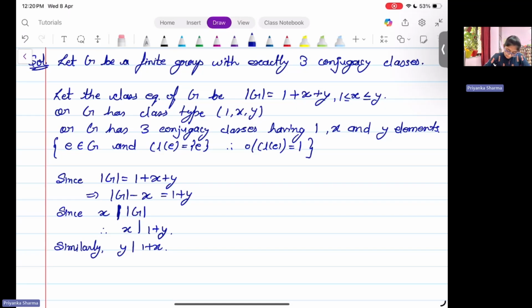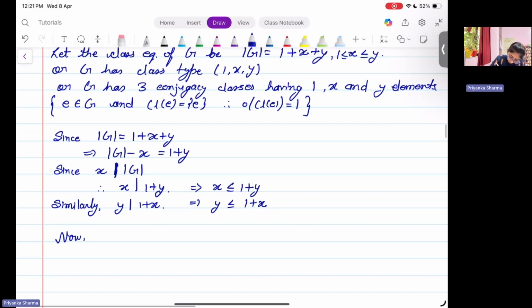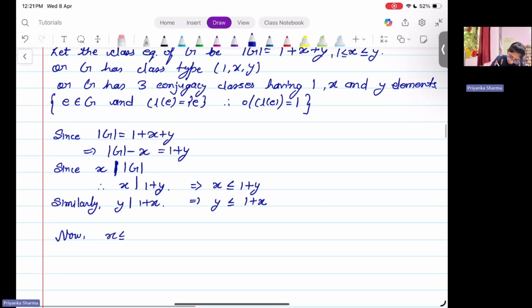Okay. So what does x divides 1 plus y mean? It means that x is less than or equal to 1 plus y. And it means that y is less than or equal to 1 plus x. So now we have that x is less than or equal to y, and y is less than or equal to 1 plus x.